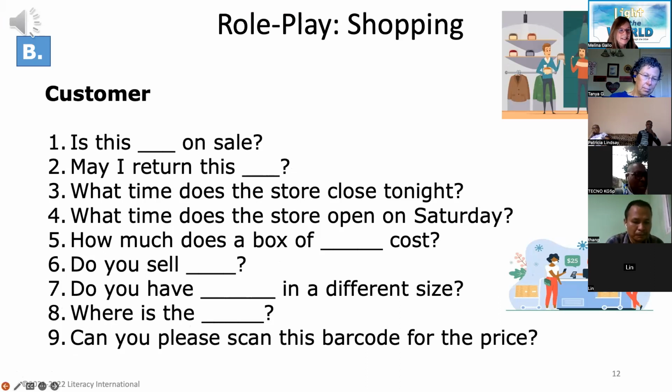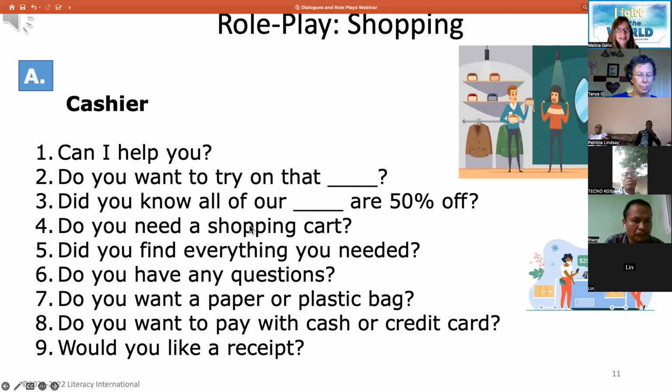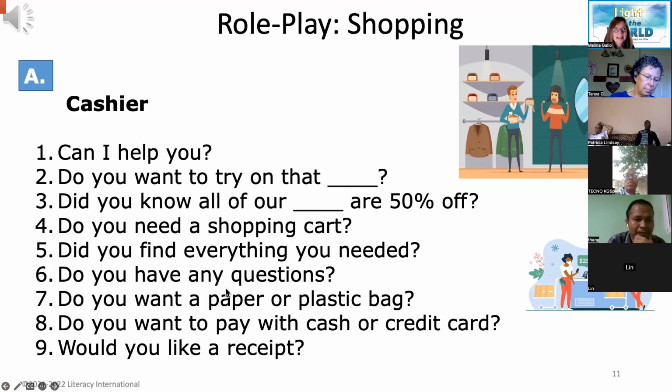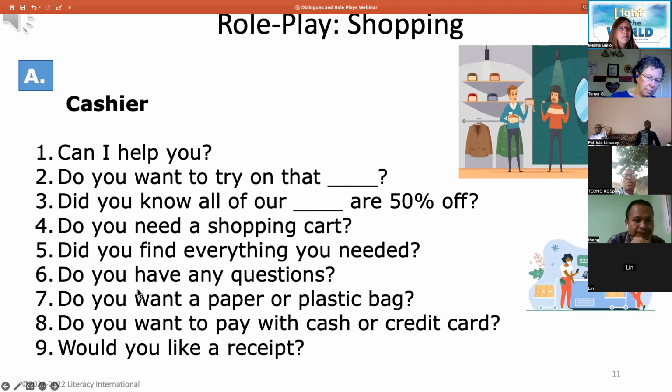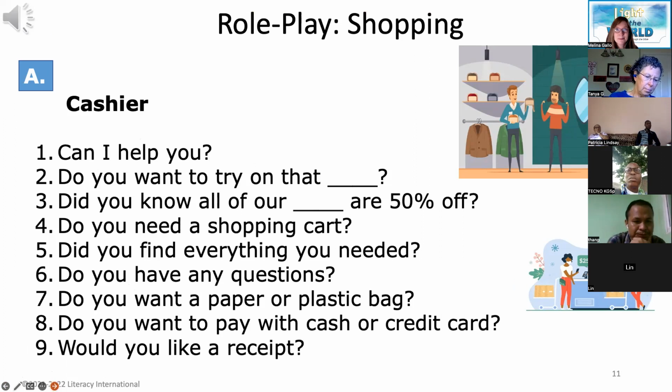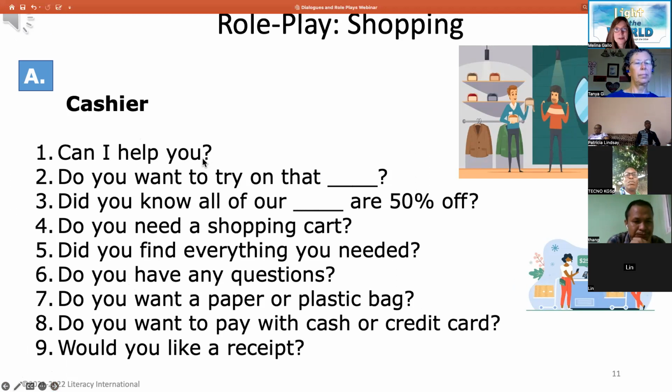And so some of the information is provided, like we have some questions that they can ask to get them started, but then we don't have the answers to those questions. They have to make up the answers. So for example, the cashier says, "Can I help you?"